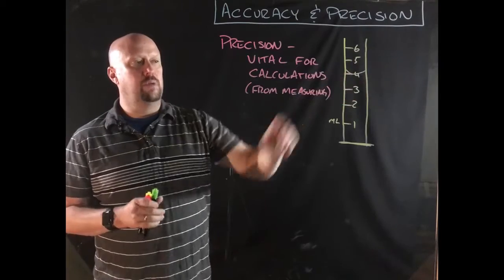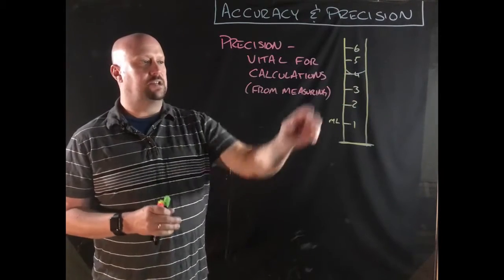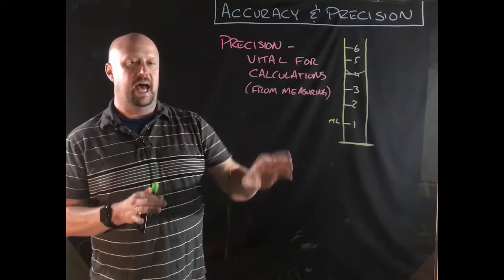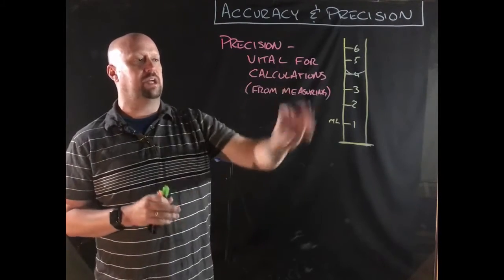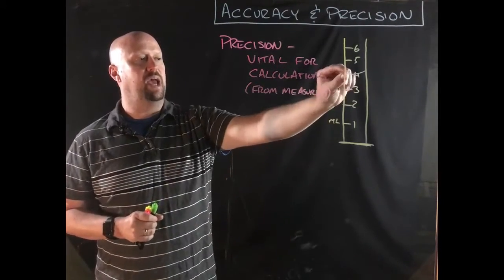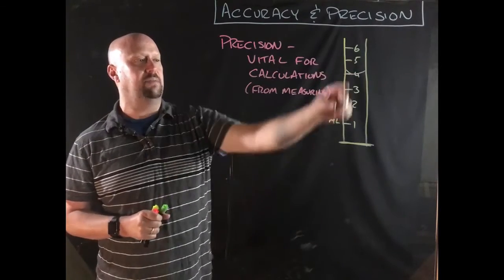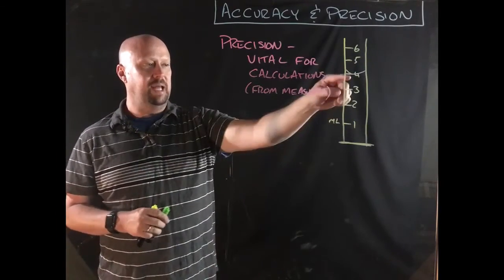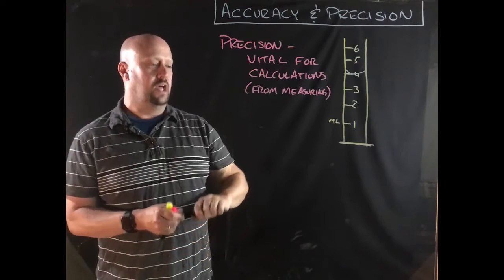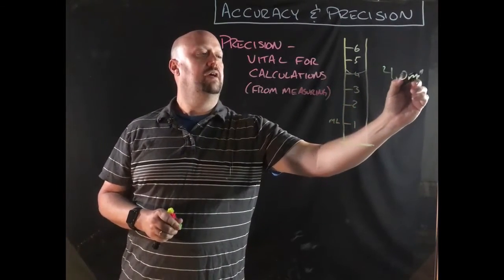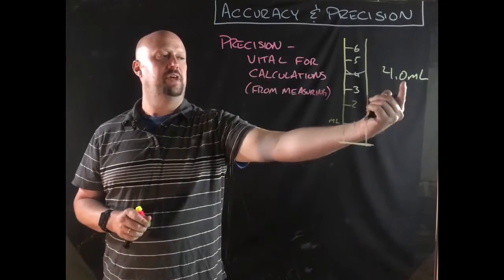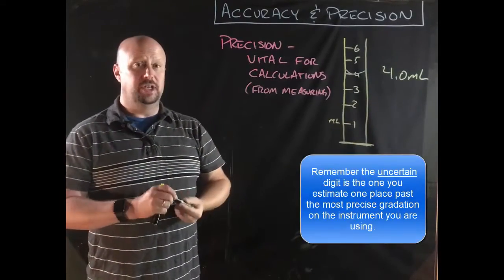So I'm at 4 milliliters, so I could record my data as 4 milliliters. But really, to be precise and to take our measurements properly, remember that we have to estimate a digit past that. I'm not just at 4 milliliters, I'm exactly at 4 milliliters. So what I would say for my measurement then is that I'm at 4.0 milliliters.